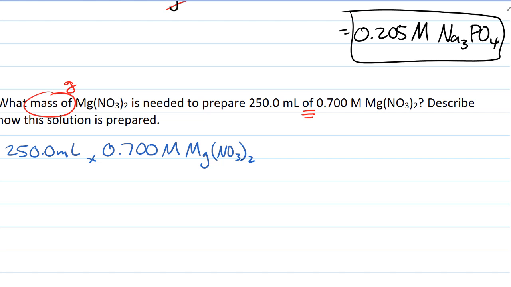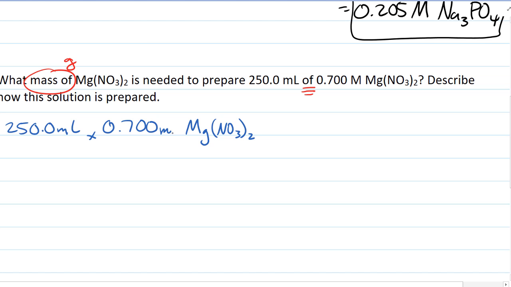Of course, not a whole lot of fun stuff happens when we leave big M in there. Remember, what does big M stand for? Moles per liter. So we're going to substitute in moles per liter.